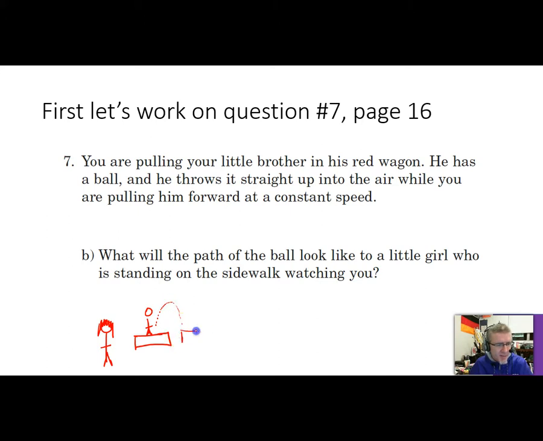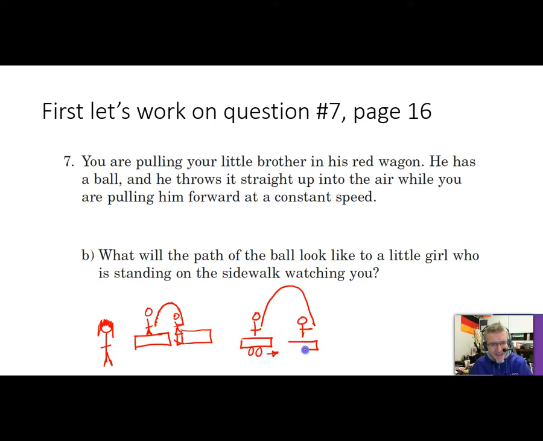But because the cart was moving, my little brother's hand was right there so he could catch it. Not the greatest picture, but the idea is she sees the ball do a parabolic motion. So the ball goes up and then it comes back down. At both times, there's somebody there to catch it because the cart was moving.